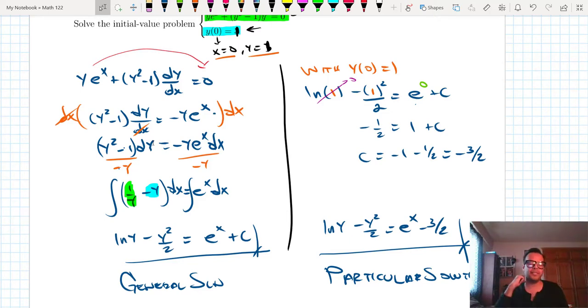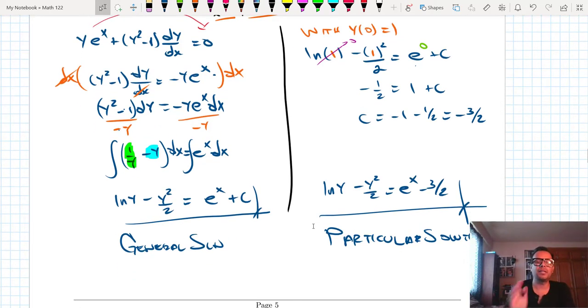Okay, and that's the answer to this equation. This is actually the textbook example. For some reason they have a different answer, but I will go with this.